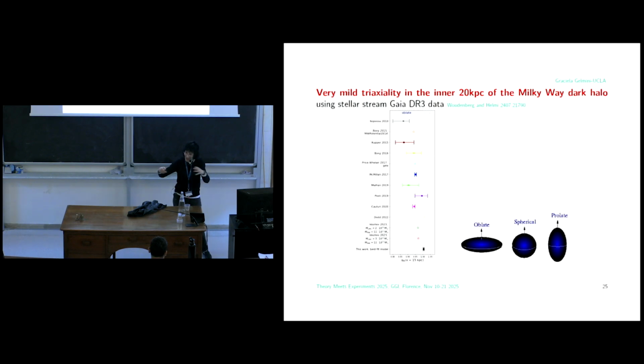It could be that the outer part is prolate and the inner part is oblate. But in any case, at the location of the solar system it is practically spherically symmetric. So there is no triaxiality, at least not in the bulk.